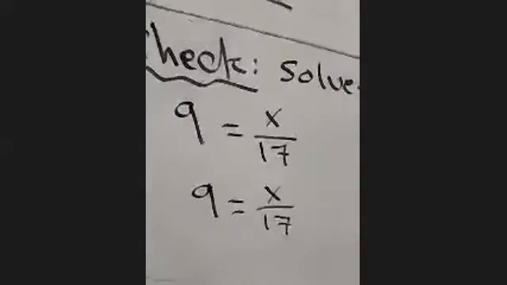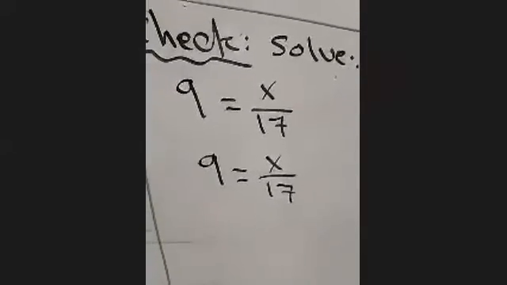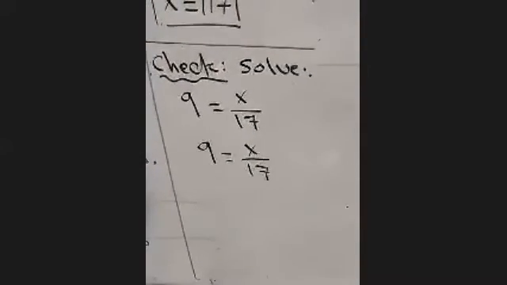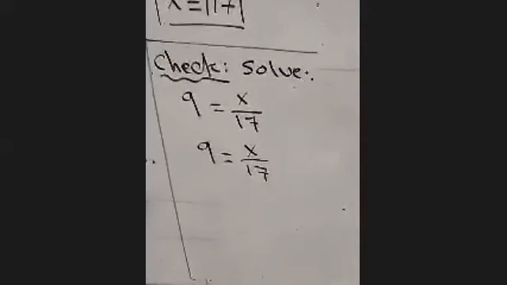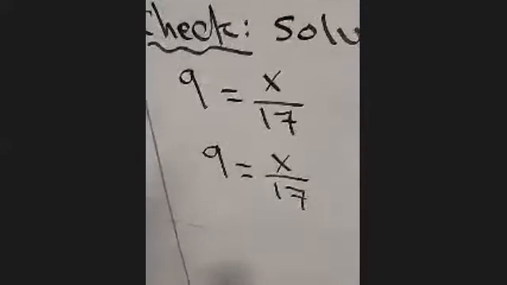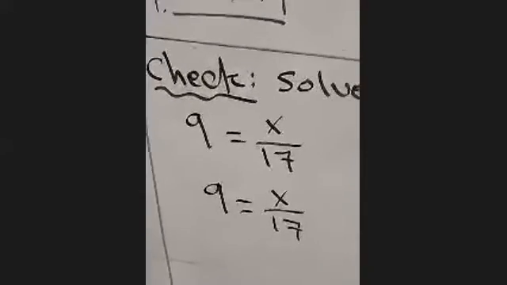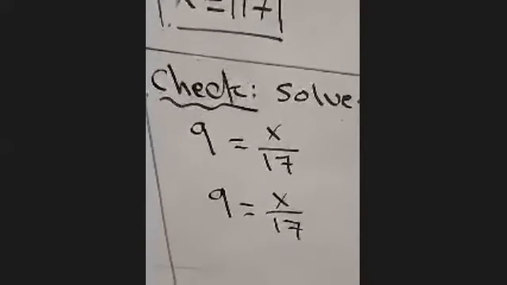I will divide if we have division, or I will what? Multiply. If you have divide, you multiply. If you have multiply, you divide. If you have add, subtract. If you have subtract, add. It's easy.